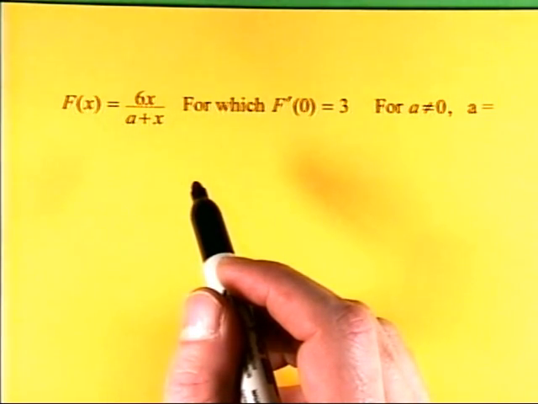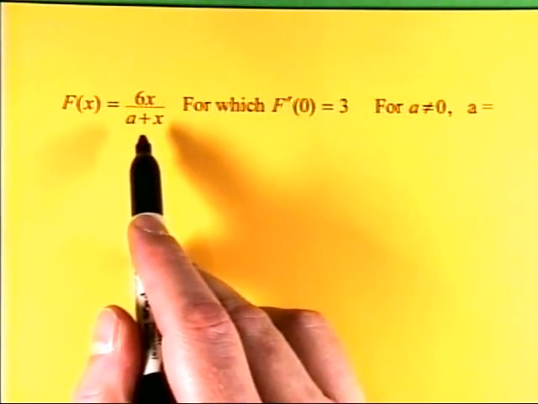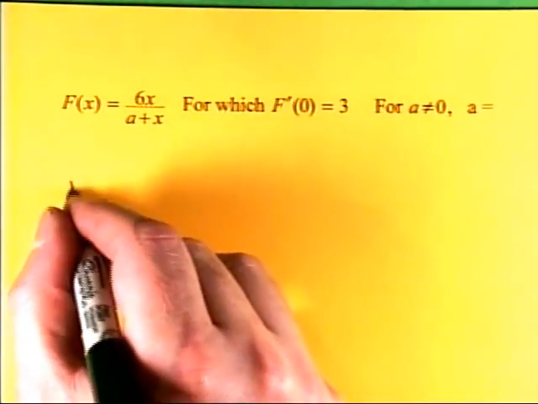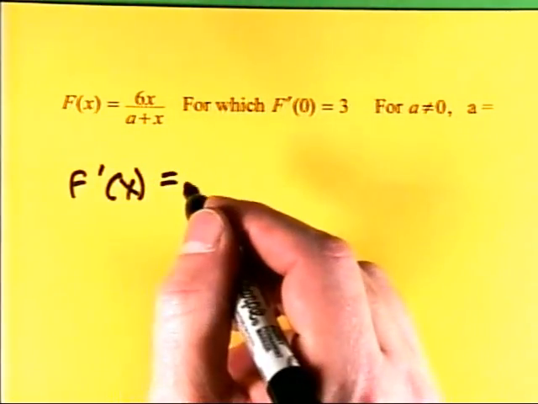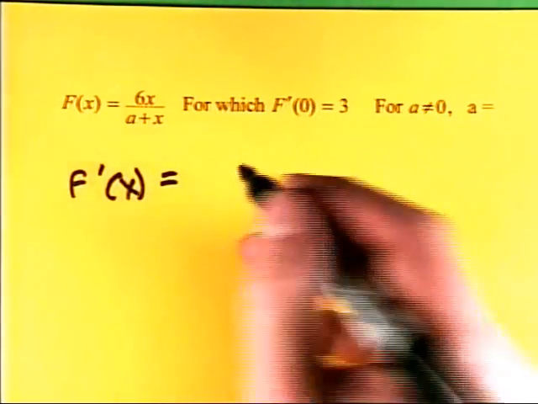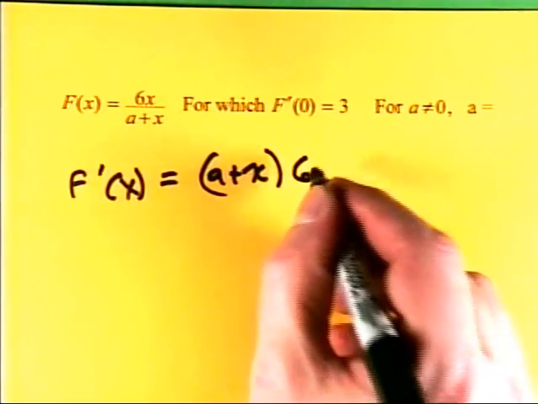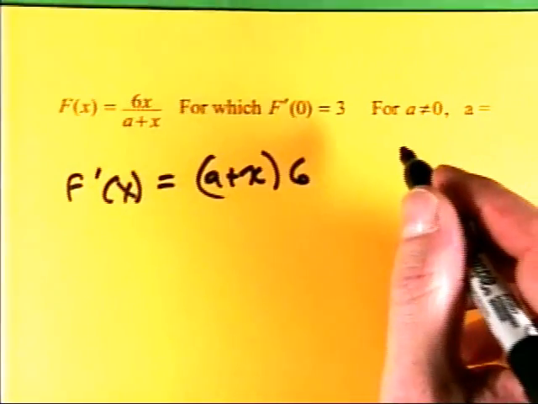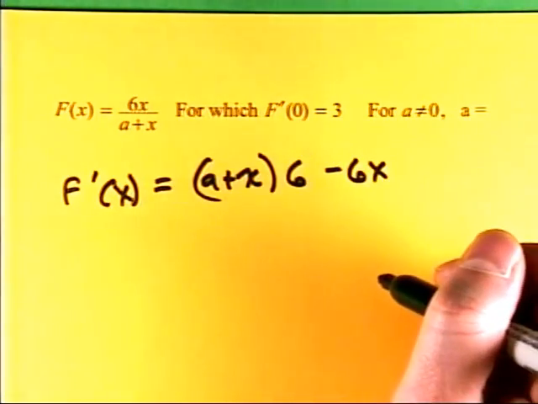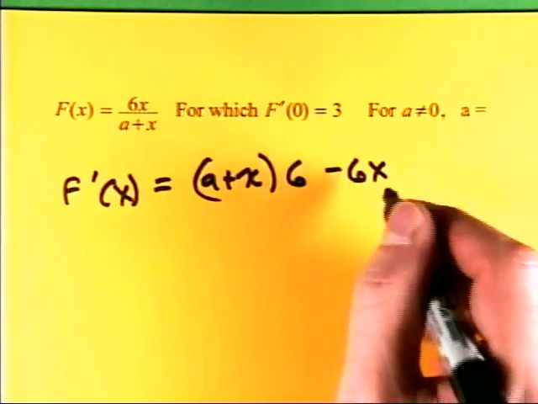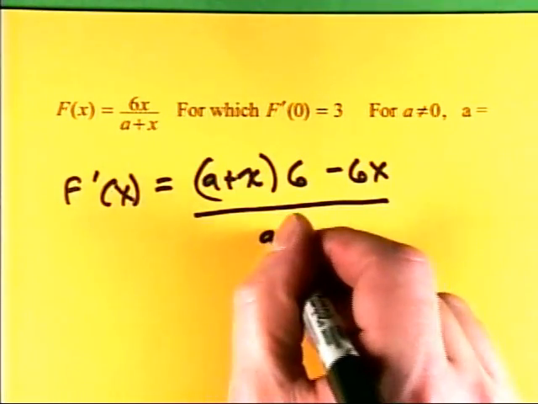Okay, first of all, we have to take the derivative. Now this ain't going to be easy, so let's do the quotient rule. It's going to be a plus x quantity times 6, minus 6x times 1, over a plus x squared quantity.